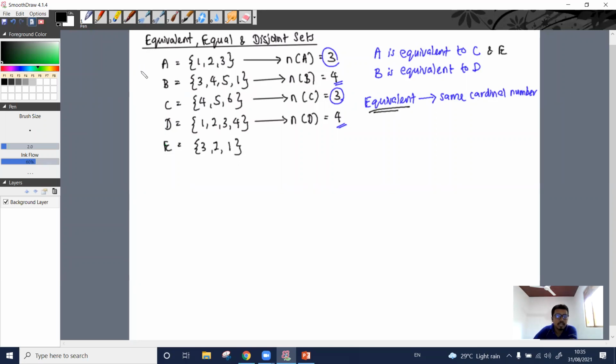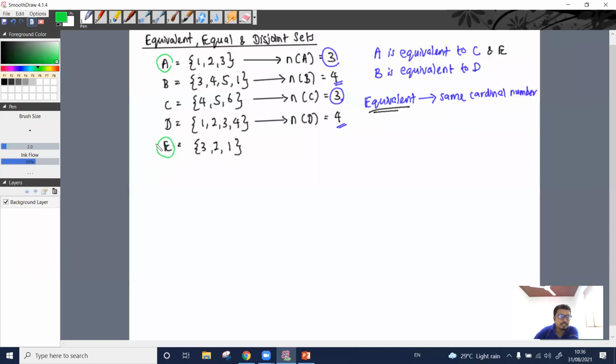So here, what can you say? Here, see, if you consider set A and set E, their cardinal number is the same, 3, equivalent. What about the elements here? Here we have 1, 2, and 3.